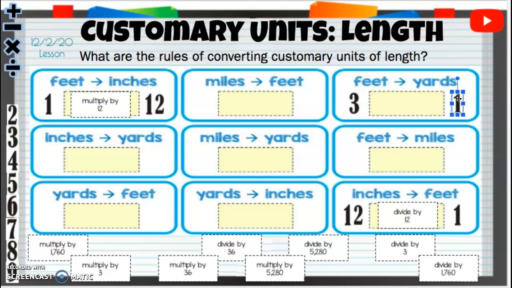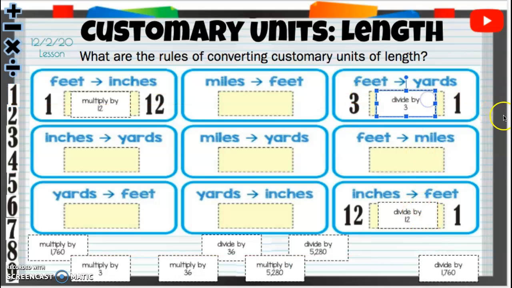So now we have that 1 yard equals 3 feet, so 3 feet equals 1 yard. How do I get from feet to yards? How do I get from 3 to 1? Well, 3 divided by 3 equals 1. So we're going to divide by 3.